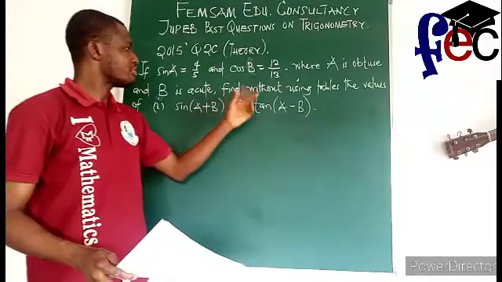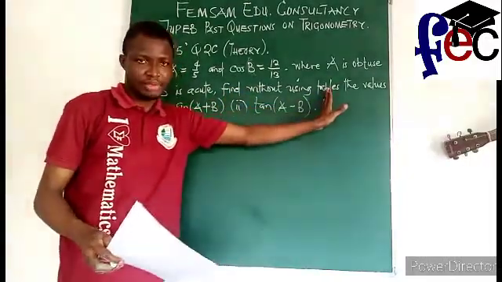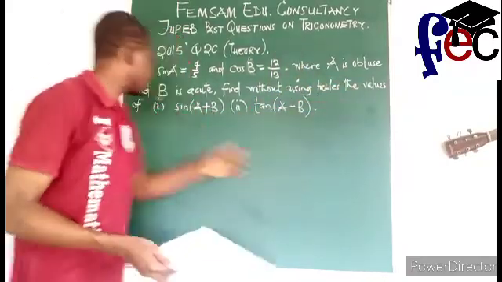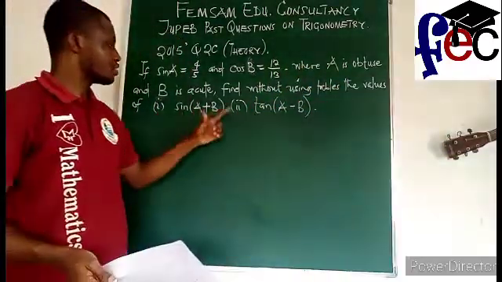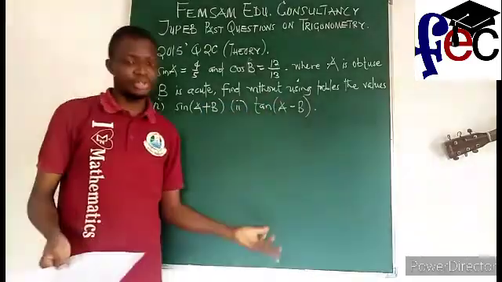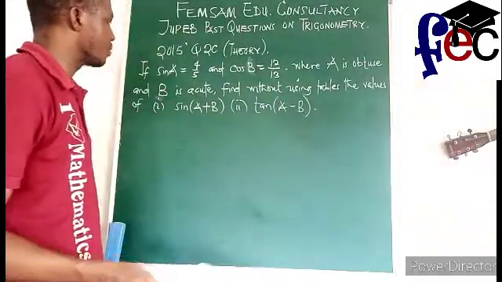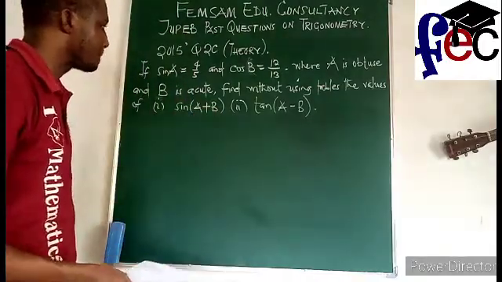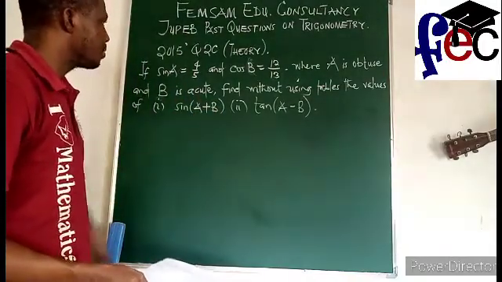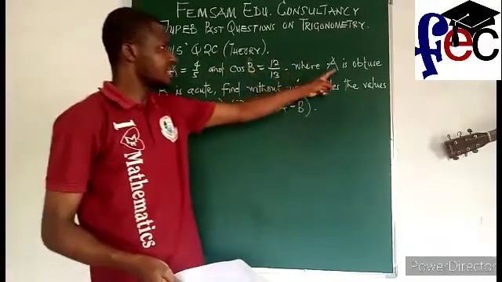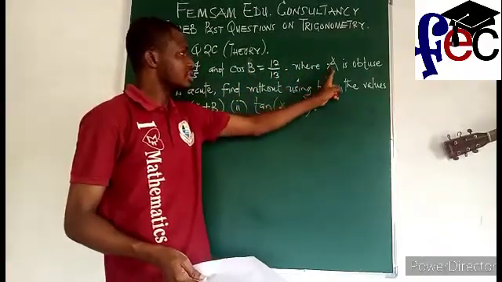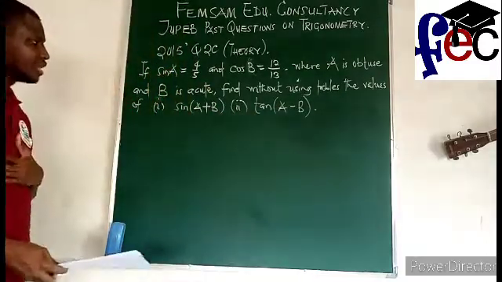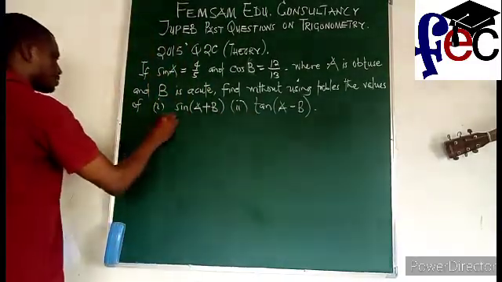So we are to find without using tables, that means the statistical table, the values of sine (A plus B) and tan (A minus B). To solve this problem, we will still need to make use of our addition formula. But it's very important to note the condition of angle A and that of angle B. Solution.